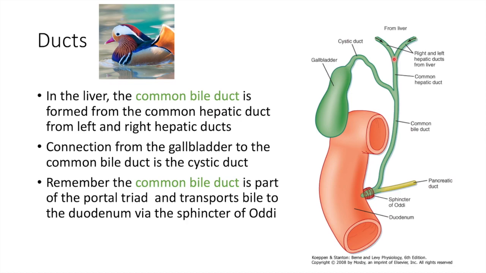Connection from the gallbladder to the common bile duct is through our cystic duct. And remember, we had a cystic artery, so it's similar, cystic duct. And remember that the common bile duct is part of the portal triad and transports bile to the duodenum via the sphincter of Oddi. And here is our sphincter of Oddi.